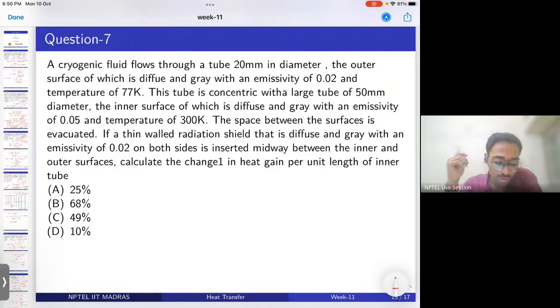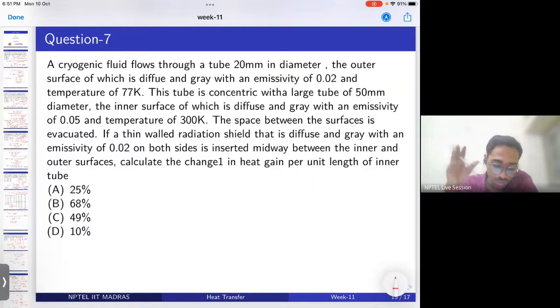A cryogenic fluid is flowing through a 20 mm diameter tube, the outer surface of which is diffuse and gray with an emissivity of 0.02, and the temperature is given. The tube is concentric with a large tube of 50 mm diameter, the inner surface of which is diffuse and gray with an emissivity of 0.05, and the temperature is also given.